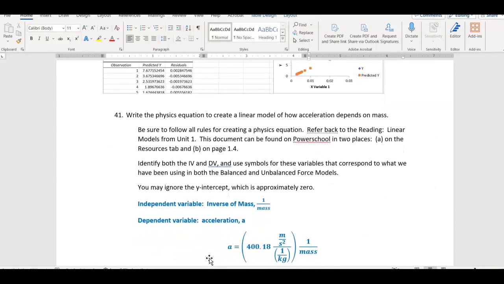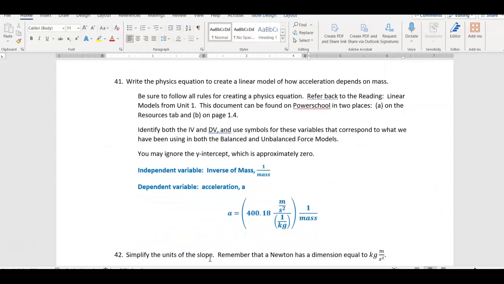And now I'm able to write a physics equation. So my independent variable now for this linearized graph is no longer mass. Now my independent variable is the inverse of mass, or 1 over mass is going to be the symbol I'm going to use for that. My dependent variable is still acceleration. Okay?